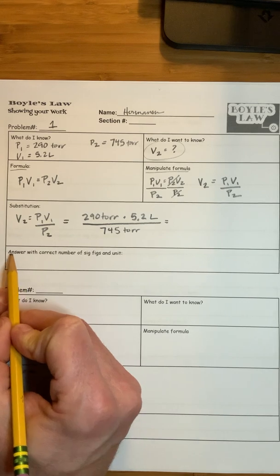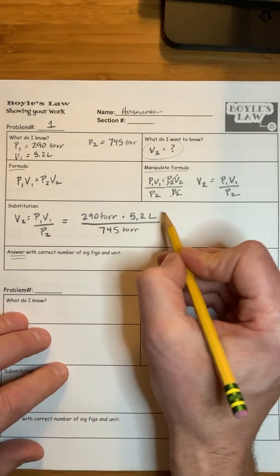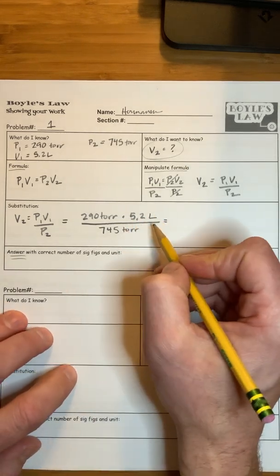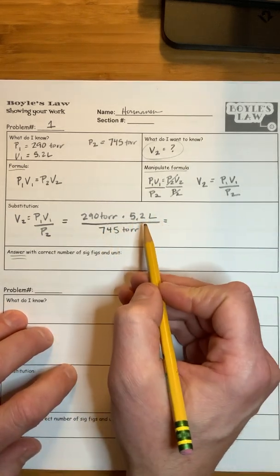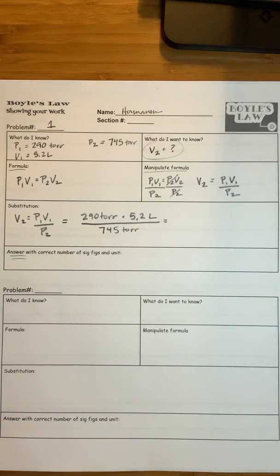Now the last thing I need to do is calculate the answer with the correct number of sig figs and a unit on it. So I'm going to cruise through and calculate this out. 290 times 5.2 divided by 745.